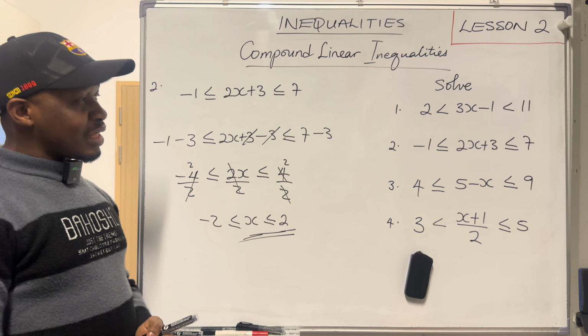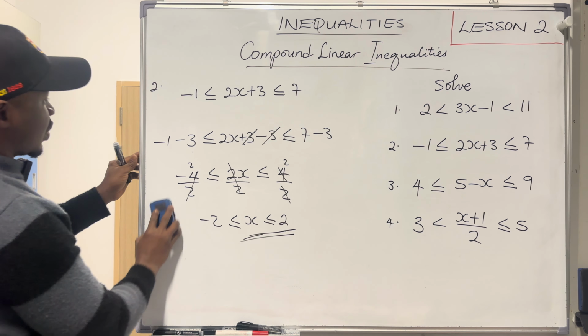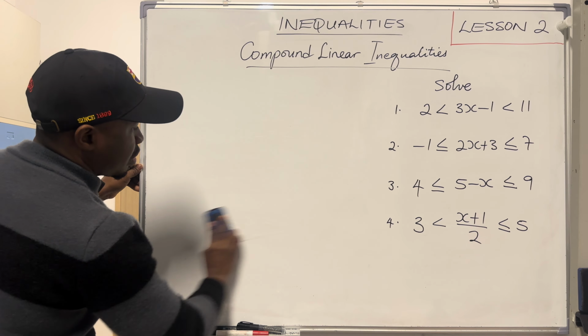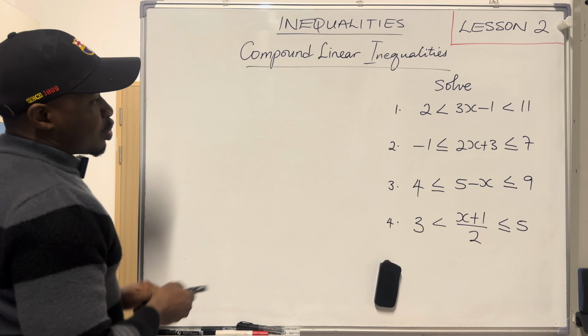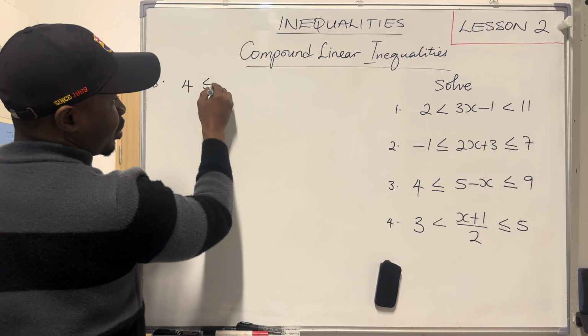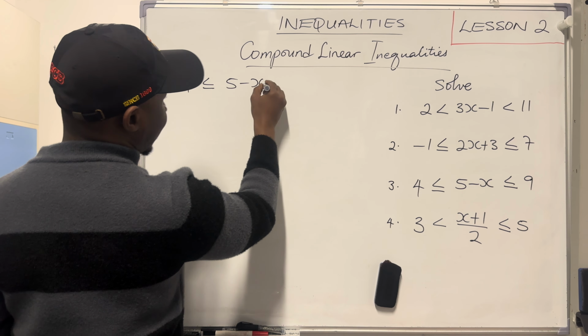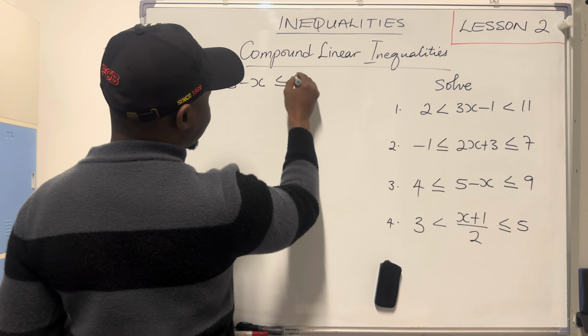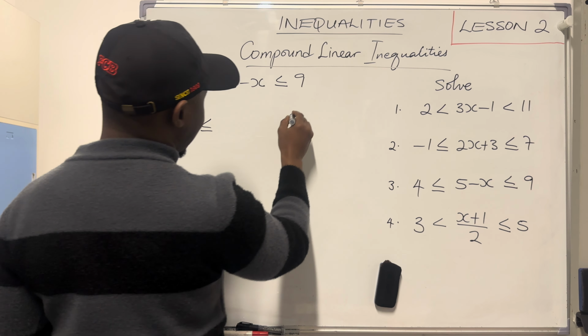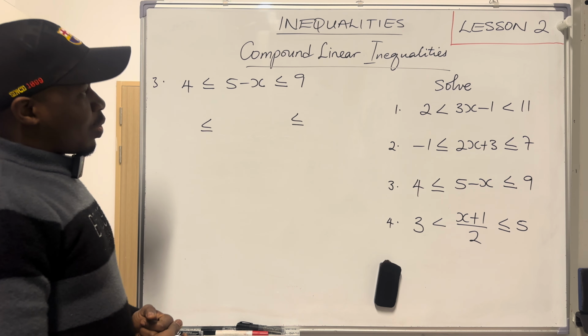We go to the third one. The third one says 4 less than or equal to 5 minus x less than or equal to 9. The sign here is less than or equal to, here is less than or equal to. All right.